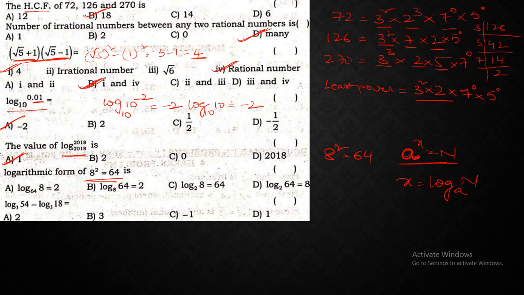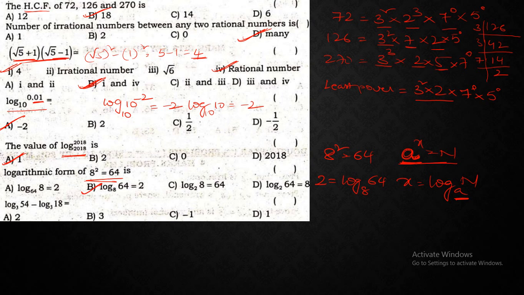That you remember, right? So this a is the base of the exponential form, and here a is the base of the logarithmic form. So from this, 2 is equal to log 64 to the base 8. So option B is my answer.